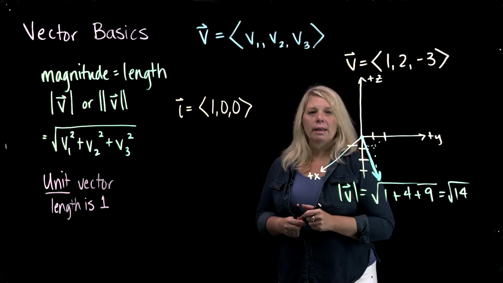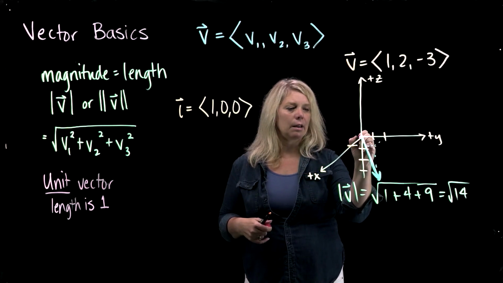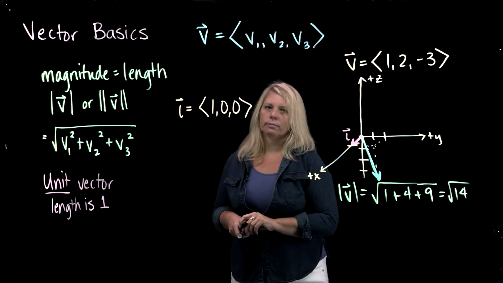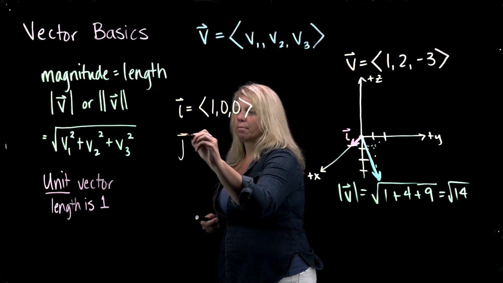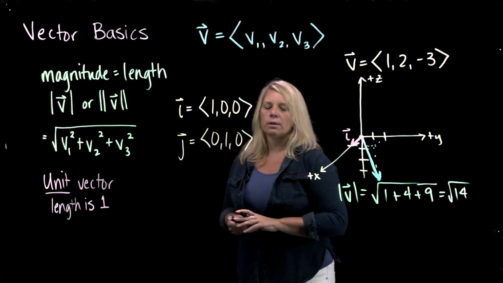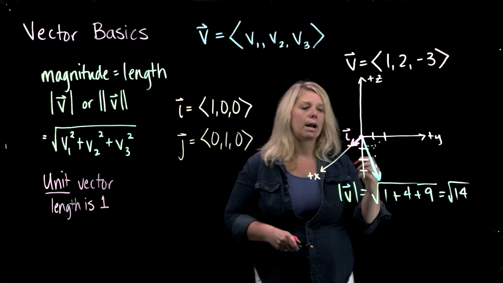So if you think about drawing that on my coordinate system over here, I would put my tail at the origin. I would go 1 unit in the positive x direction. And then j is the vector 0, 1, 0. So that vector, tail at the origin, would go 1 unit in the positive y direction.